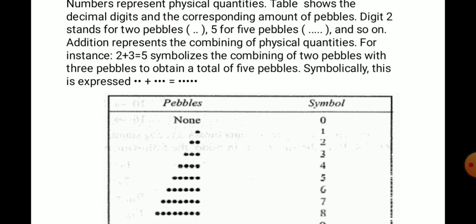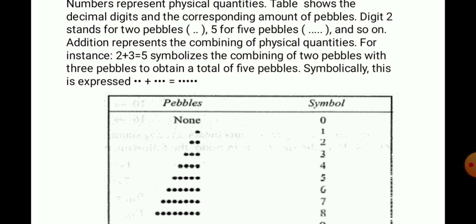So the digit 1 stands for 1 pebble, that is 1 dot, 2 stands for 2 pebbles, 5 for 5 pebbles, 6 for 6 pebbles, and so on. Addition represents the combination of physical quantities.